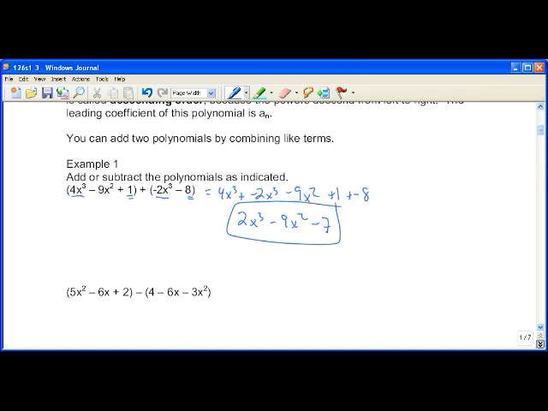Are there any questions about that? Okay. Well, the next one is a difference of two polynomials.